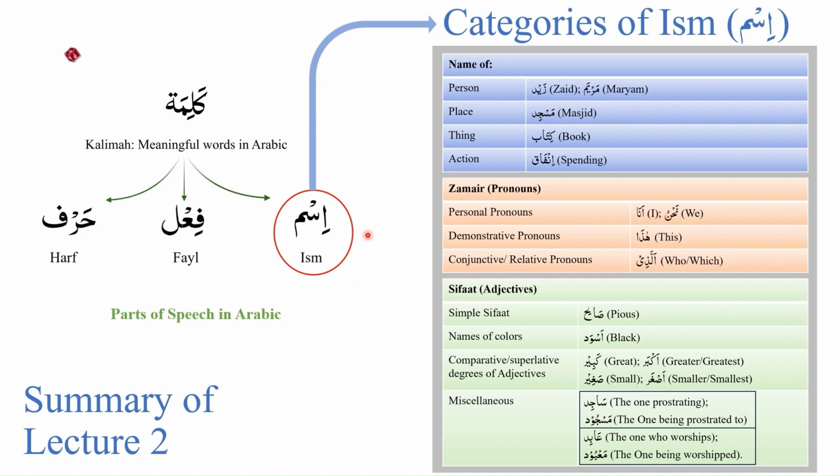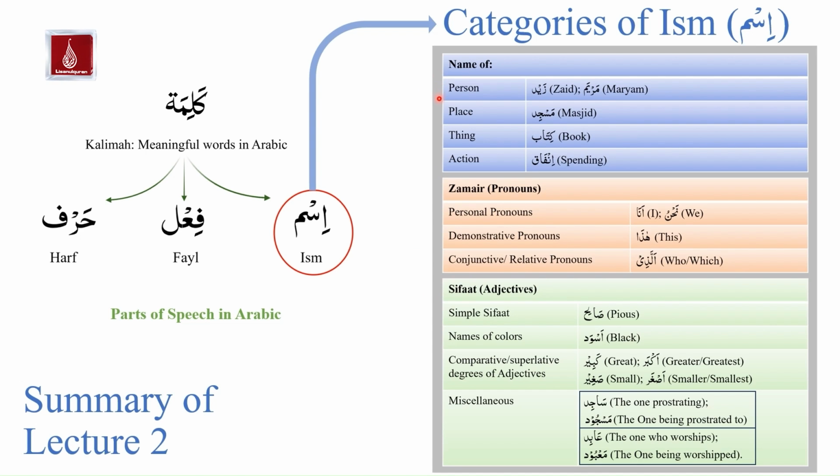In the second lecture, we focused on understanding ism. There are several categories of ism, and the most important point to note is that ism in Arabic is not the same as noun in English. The categories of ism will include names, or Zamay, or sifat.